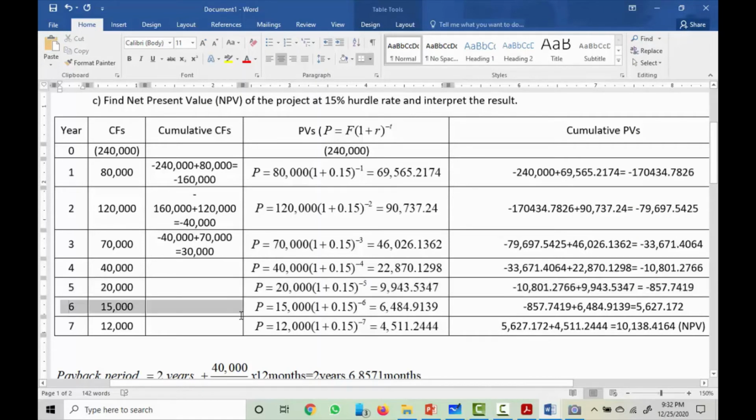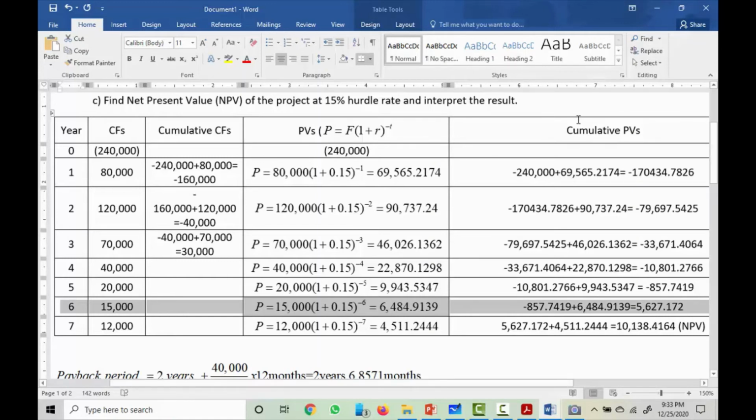But after year 6 we are in surplus over the discounted payback. After year 6 we are in a surplus of 5,627 taka over the discounted payback. So remember, discounted payback means discounted, as I will repeat it again.